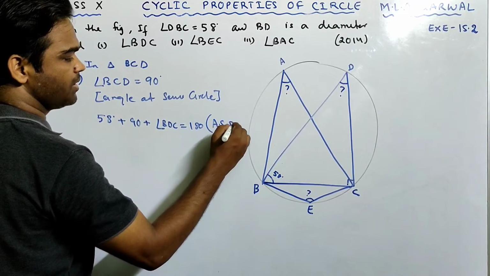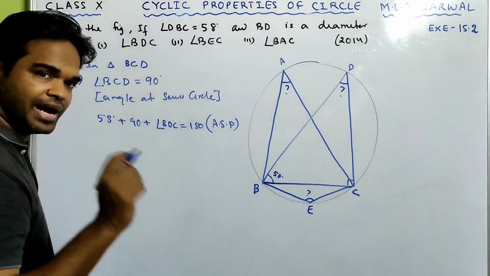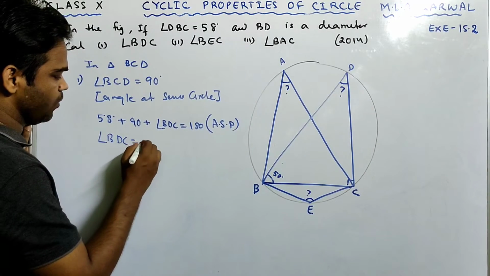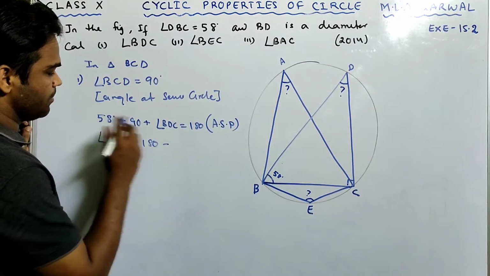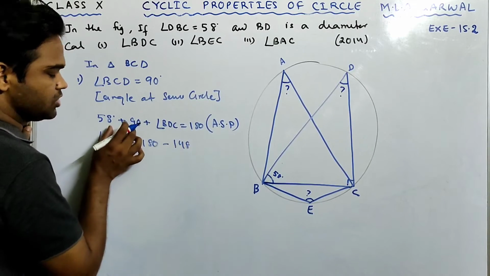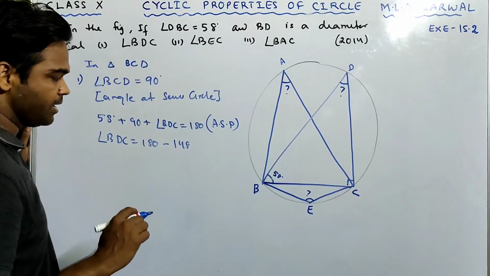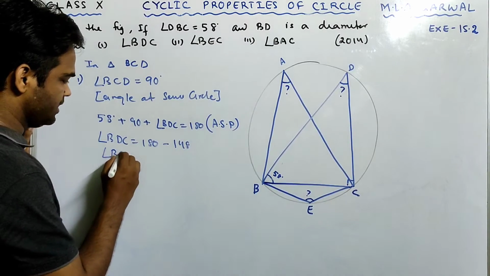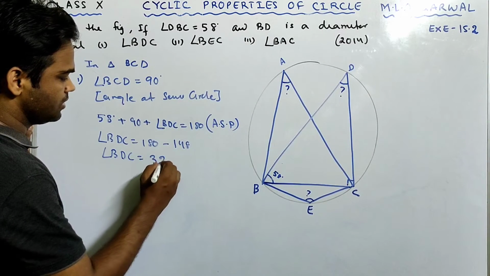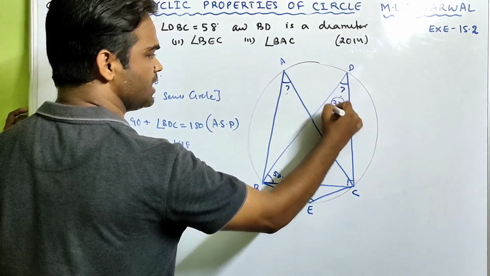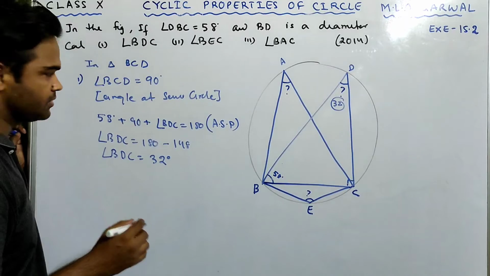Angle sum property, all the 3 angles add to give 180 degree, which means BDC will be 180 minus 148 because these 2 will add. 90 plus 58 is 148, goes on that side, becomes negative. So angle BDC will be 32 degree. Done. So you got this as 32.